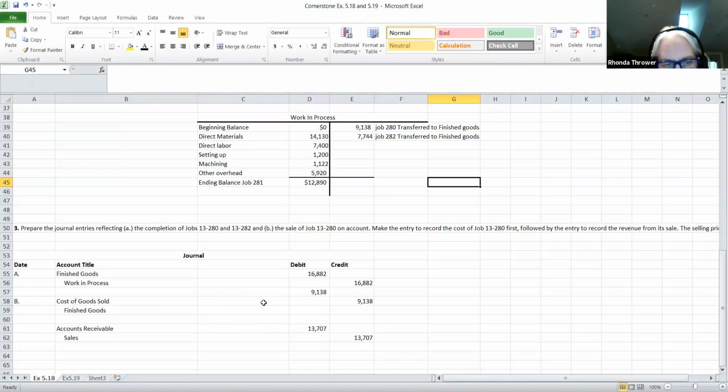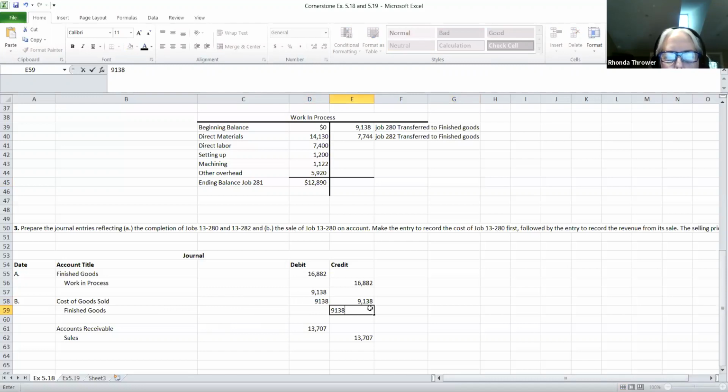And the cost of goods sold, and it looks like I got these off on the wrong line here, but the cost of goods sold is $9,138. So let me put that on the right line here. Catching some mistakes that I have in here.